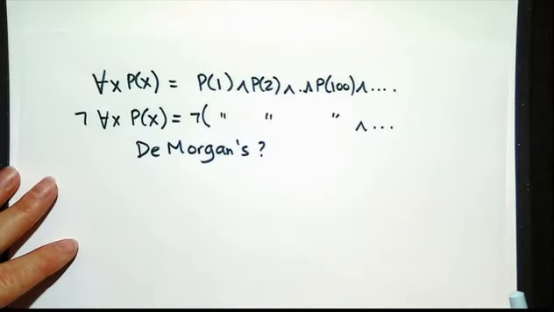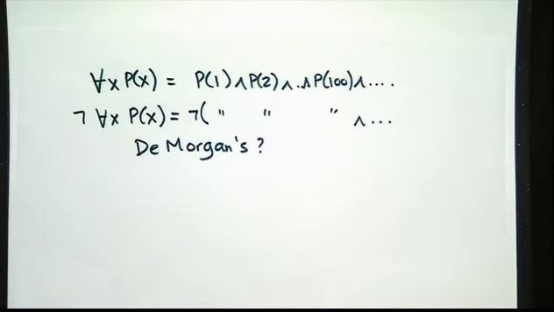Okay, so the next thing, I was just going to remind you that for all x P of x, like I said, is an and over all the P values over your entire universe. If you're dealing with counting numbers starting with 1, then it sort of looks like this. So what would De Morgan's tell us if I put a not in front of a for all statement?